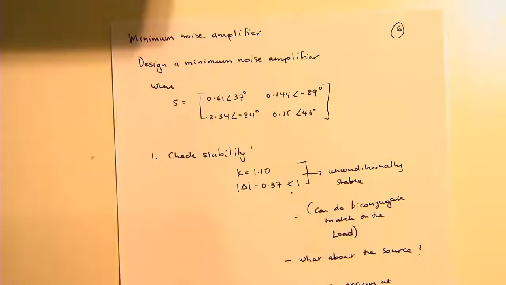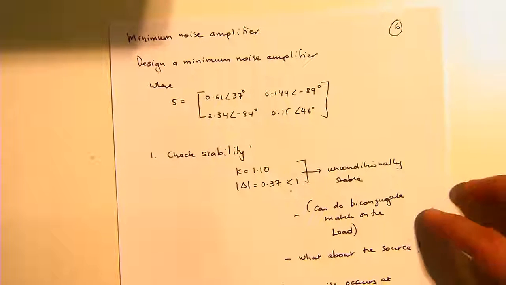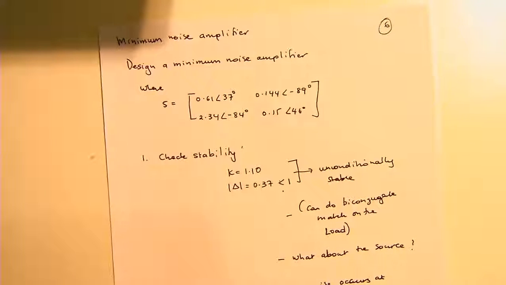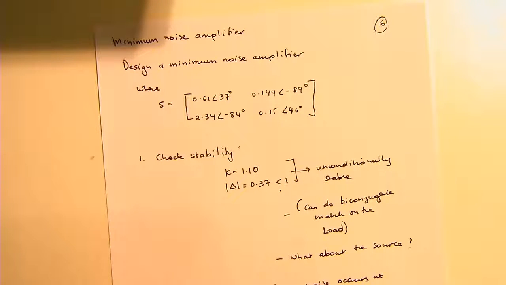So now let's look at what happens in order to work out the minimum noise figure, right? So we said, well, we can do a biconjugate match at the load, so we can get that.